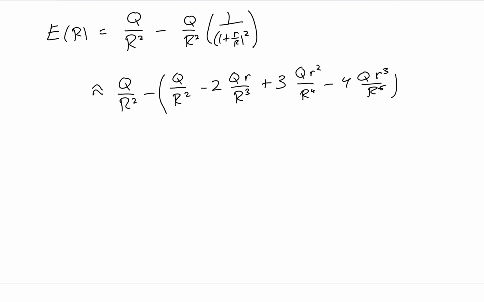And now notice this first terms cancel out, and then the negatives distribute through, so this is 2qr over R cubed minus 3qr squared over R to the 4th plus 4qr cubed over R to the 5th.